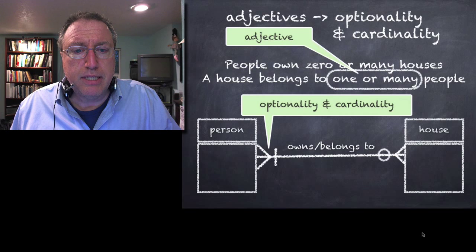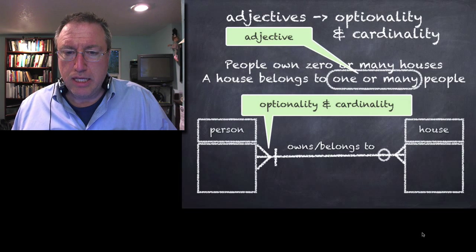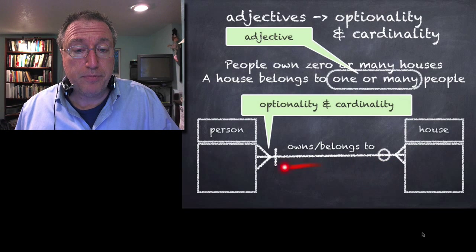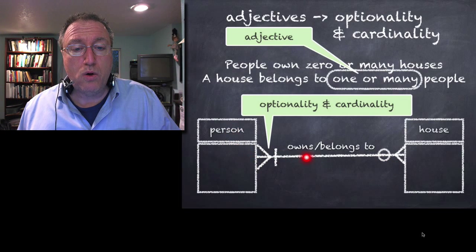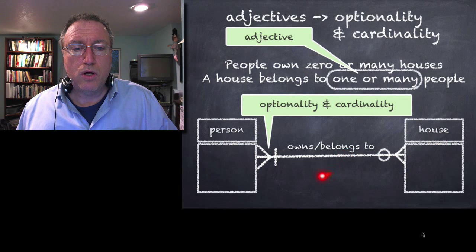This is an important thing. The end of the line that shows the particular part of the relationship is always at the end of the line. A person owns zero or many houses. A house belongs to one or many persons.